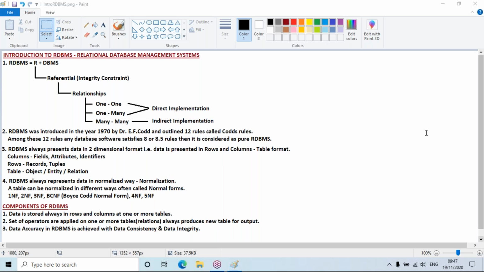We are going to study that somewhere in the middle of Oracle, after the constraints topic, I'll get back to you on that. Mostly three forms are used in real time. It should be very clear on 1NF, 2NF, and 3NF.